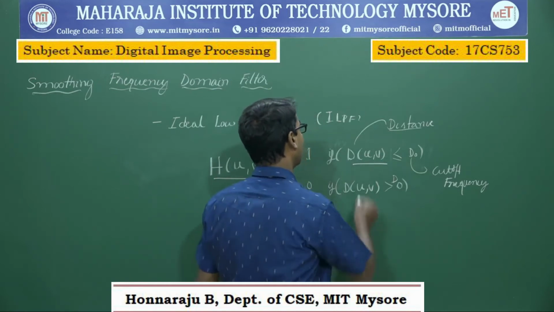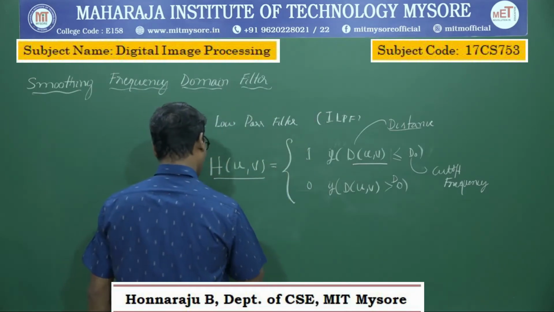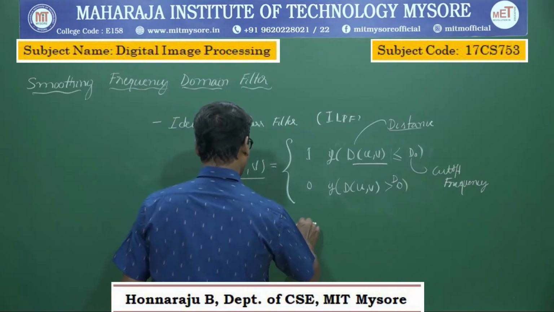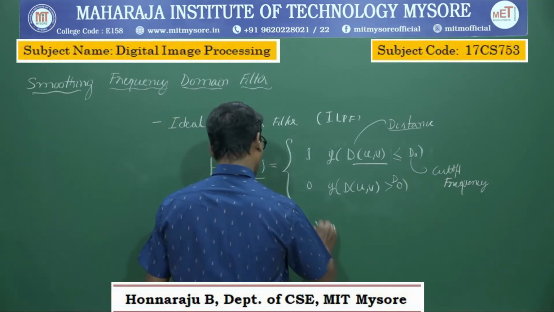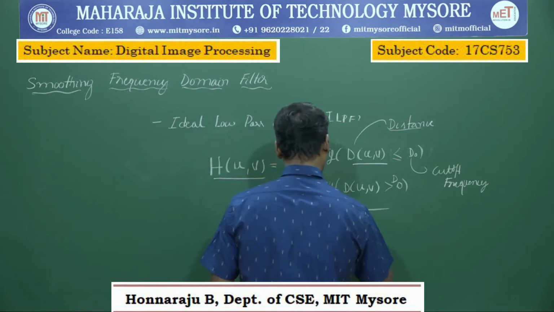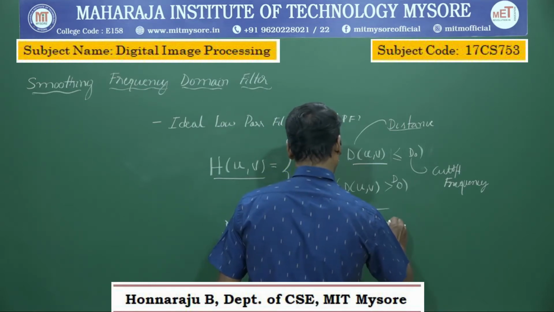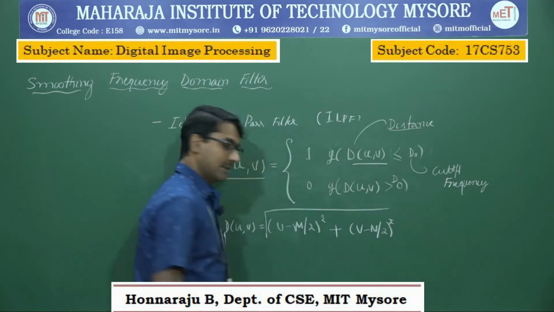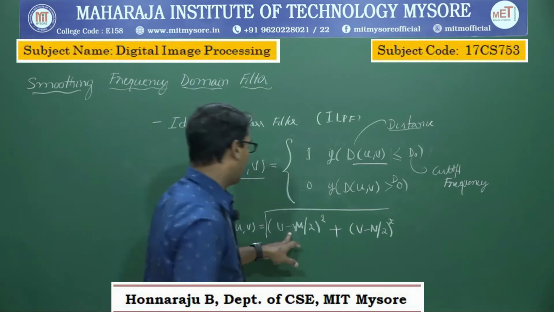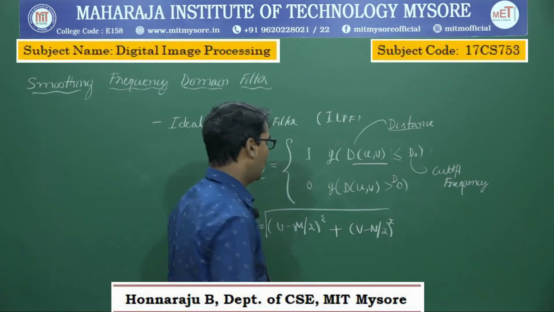When finding the distance, we use the Euclidean distance. So, D(u,v) is equal to the square root of (u minus M by 2) whole square plus (v minus N by 2) whole square.